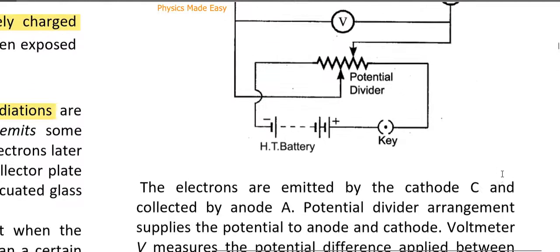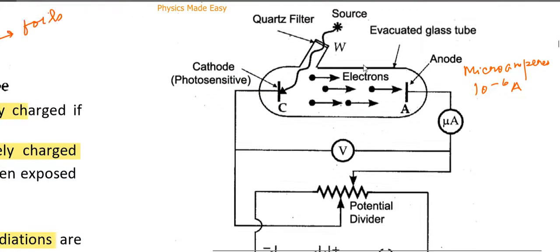Now, I will explain the process. Light is made to fall on this cathode, and the light must be of suitable frequency and energy. Suitable frequency means that the frequency is larger than the threshold frequency.